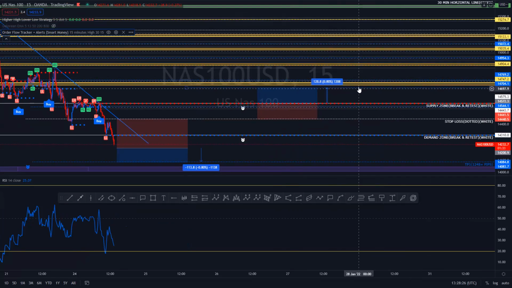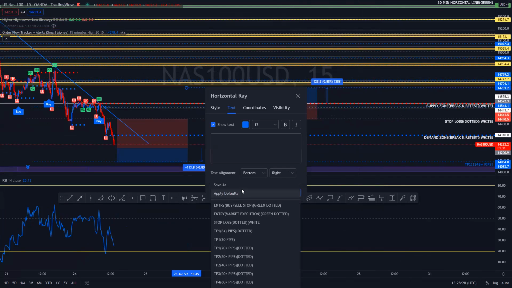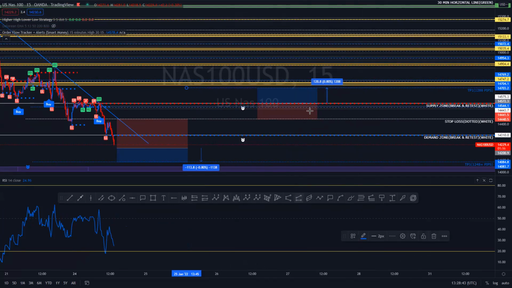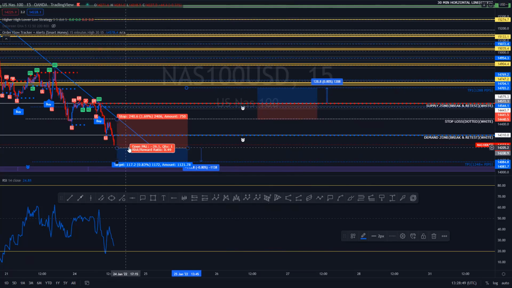So then this would be 1288. So take profit 1, 1288. And that's what I would be looking for. And so then I'd be waiting for the breakout.